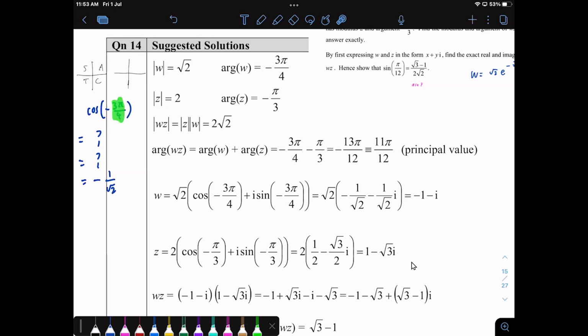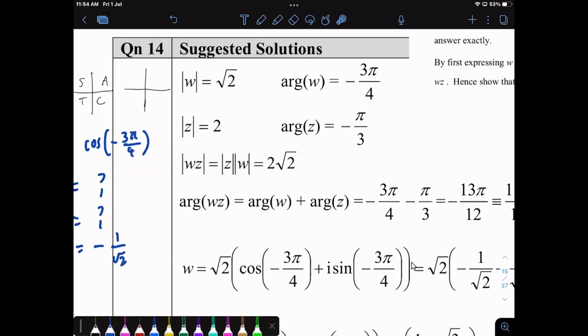I think it's 135. Yes, 3 pi by 4 times 180 over pi. Pi cancels off, so you're left with 3 over 4 times 180. Oh, but that's negative 135.